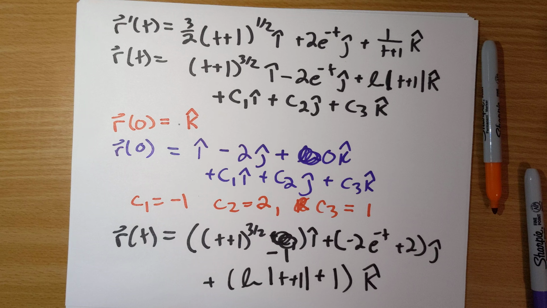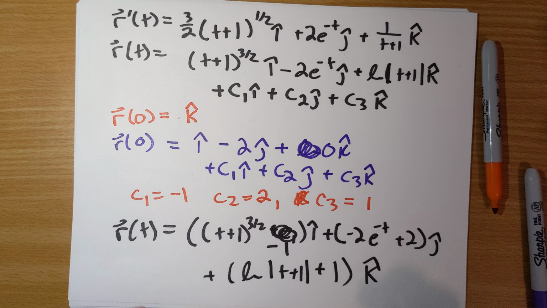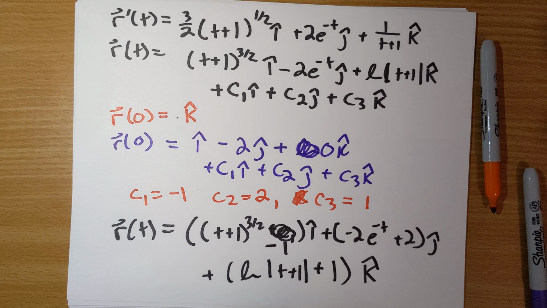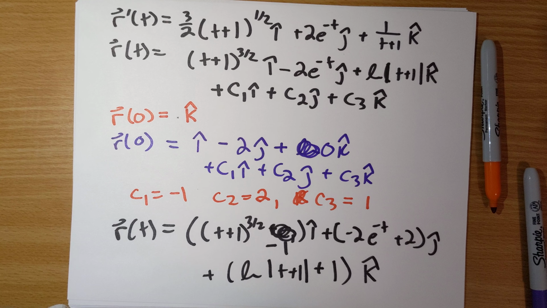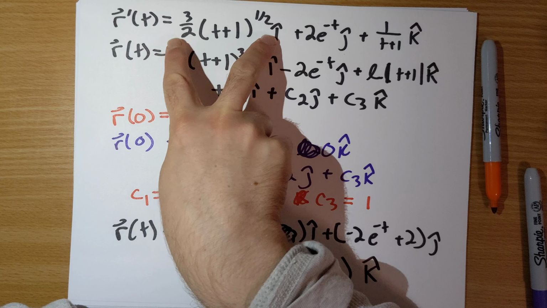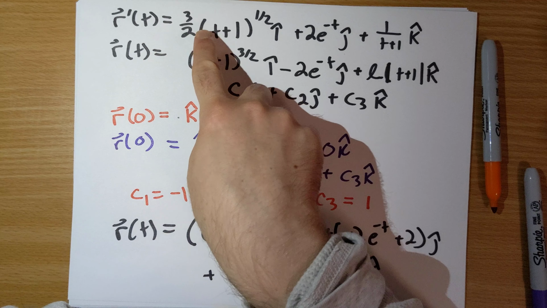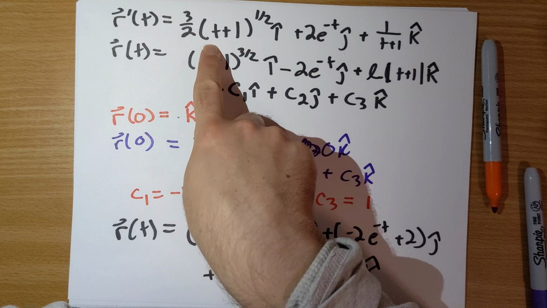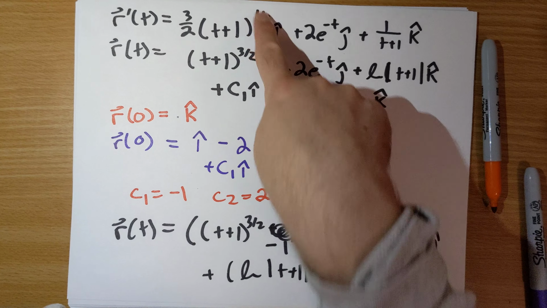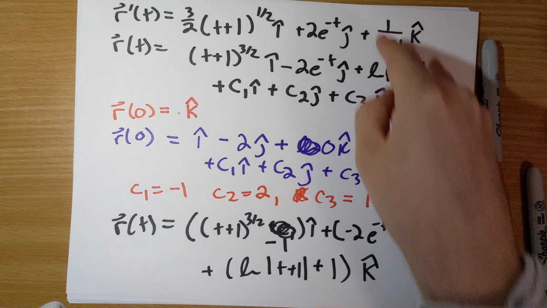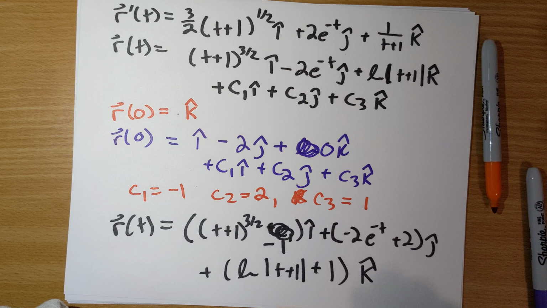So really, when we're solving this initial value problem, this is nothing more than solving 3 separate initial value problems in a Calc 1, Calc 2 way. If I say to you the derivative of your function is 3/2 t plus 1 to the 1/2, with an initial condition of 0, you end up with this. We're just doing this component by component.